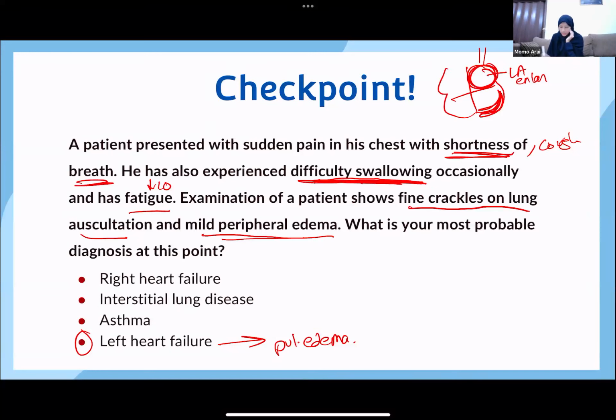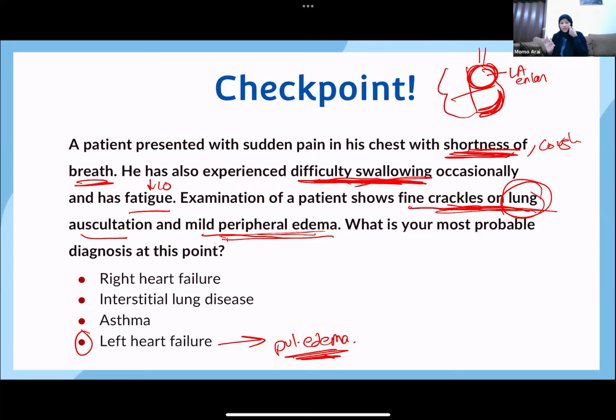Another symptom of pulmonary edema is crackles on the lungs. So you have lung abnormalities on examination of the patient. That means you have pulmonary edema with left-sided heart failure. Again, this one could be because it can cause backflow into the right side. But the main differentiating point is you have lung symptoms a lot and difficulty swallowing.